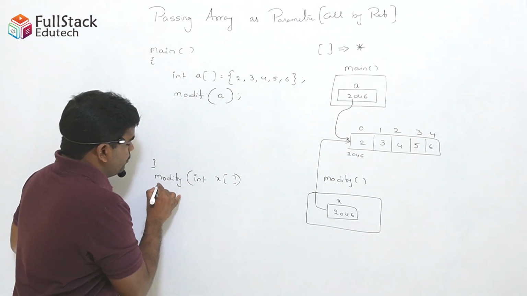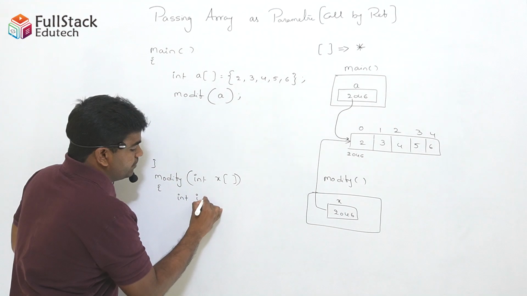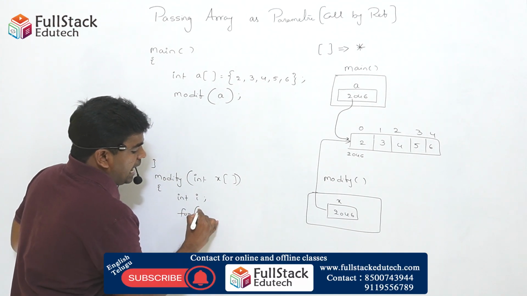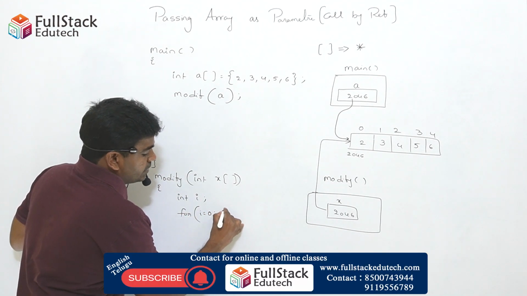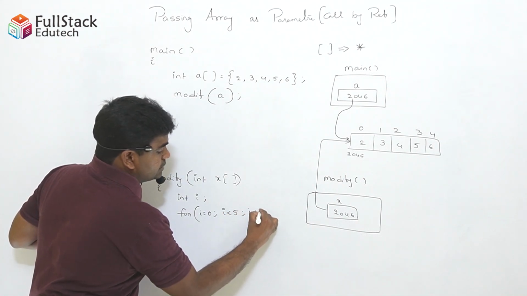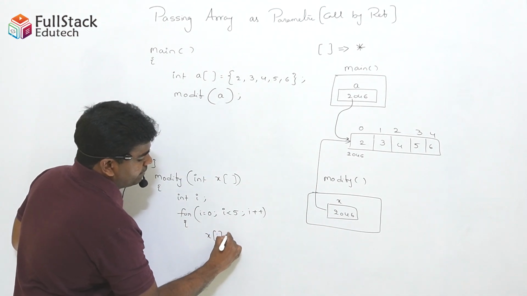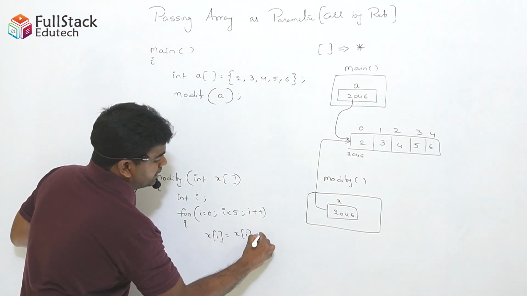Suppose here we repeat one for loop: for i equals 0, i less than 5, i plus plus, because the size is 5. Simply, x of i equals x of i plus 1.